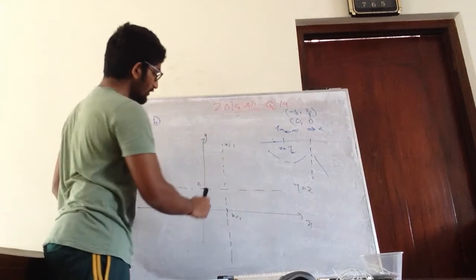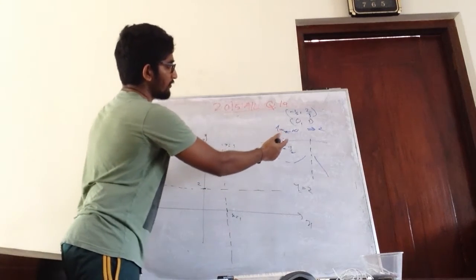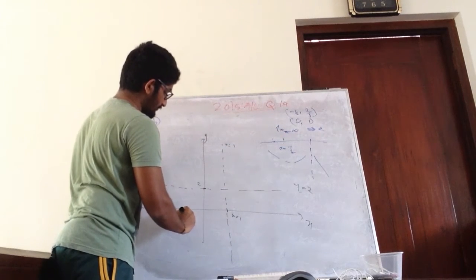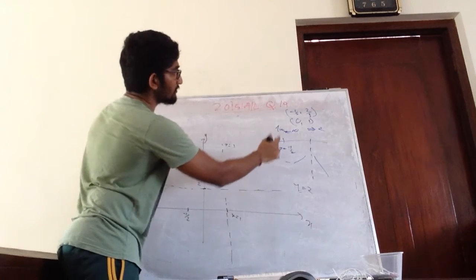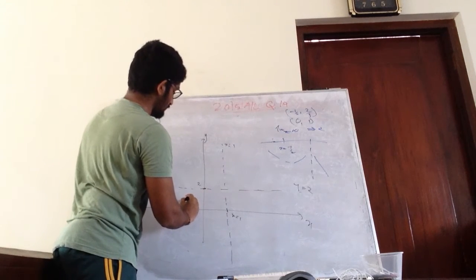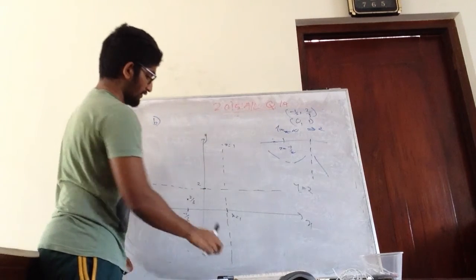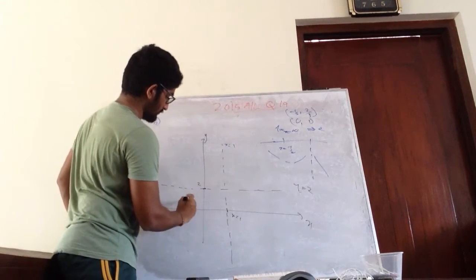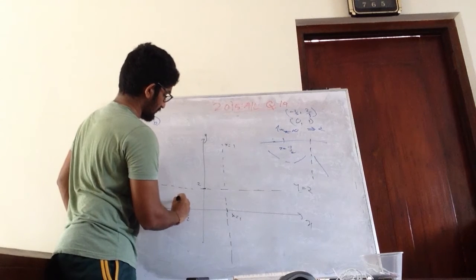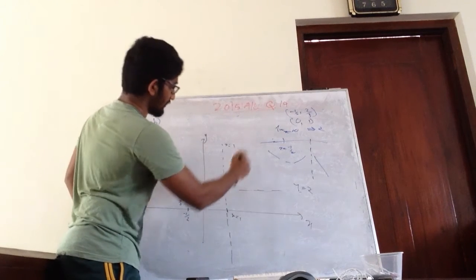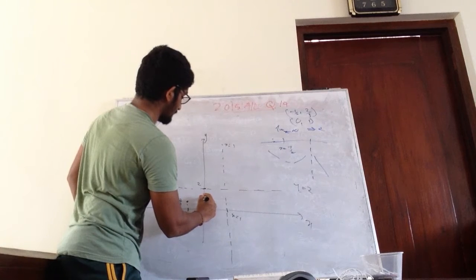Then what else do we know? We know that when x equals minus half, the value is 2 over 3 down. Then we know that when x is 0, this value is 1.